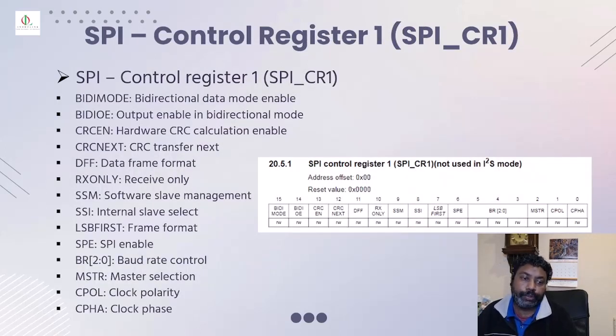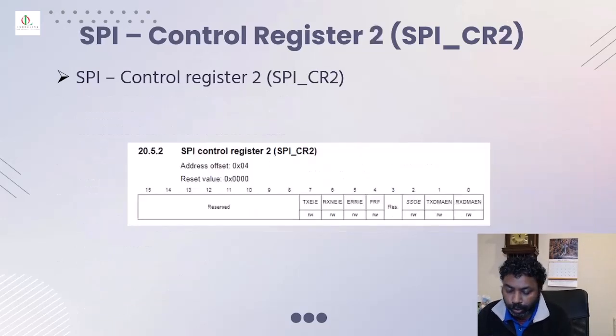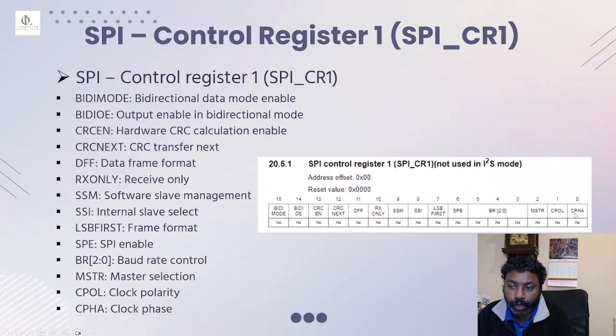Now let's see some of the control registers, all the registers that will be associated with and used in our program. This is control register 1. In this we'll be using the clock phase, clock polarity bit, the master bit, and the baud rate generator bits 5, 4, 3, then the internal slave select, the slave select management or software slave management, and the data frame format and RX only.